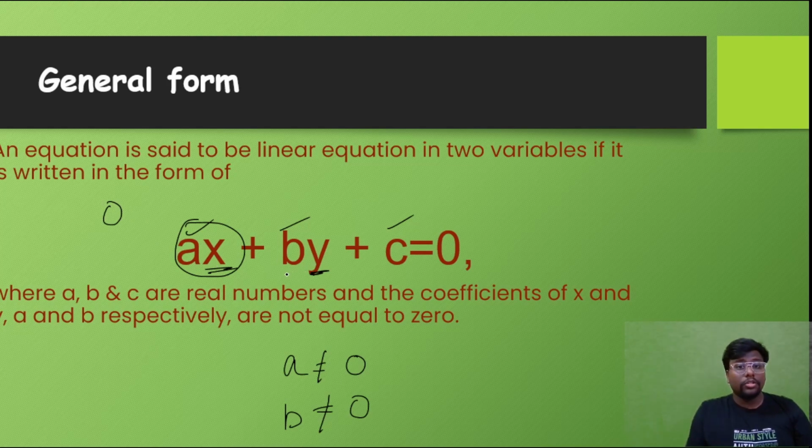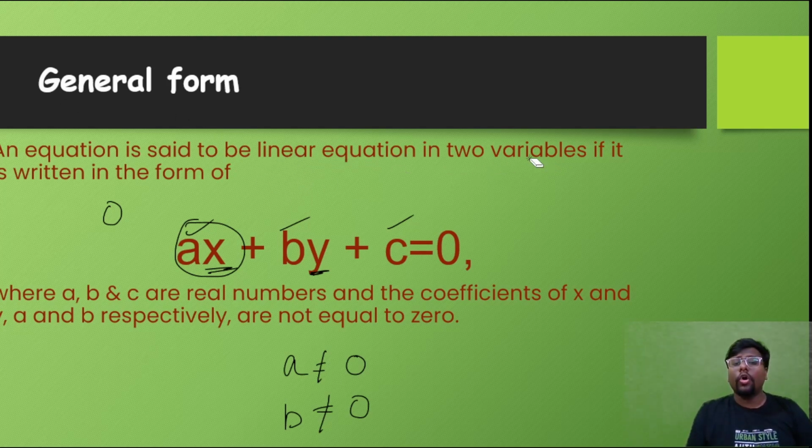If b is 0, then by will be 0. Will there be any variables? No. If ax is 0, already one variable is out. If b is 0, again by becomes 0. Both the variables are out. Our condition is it should be a linear equation in two variables. Correct? It should be a linear equation and that too in two variables. So we must note that as well.